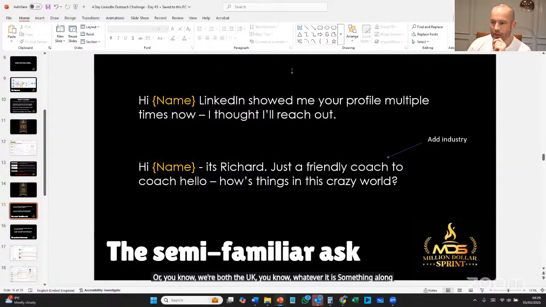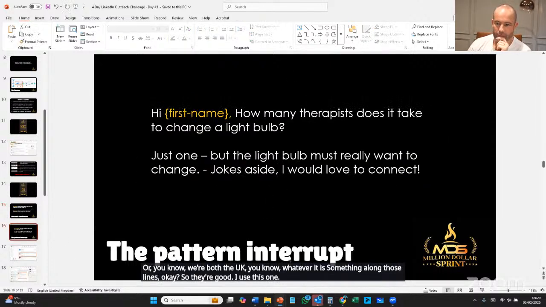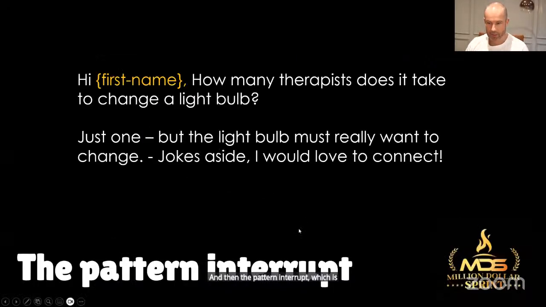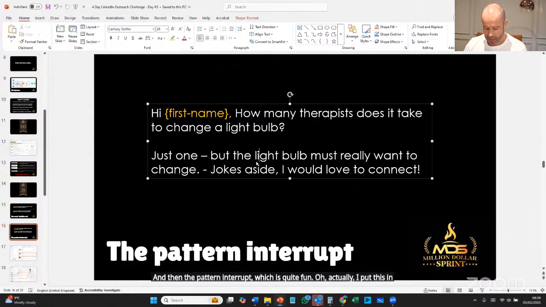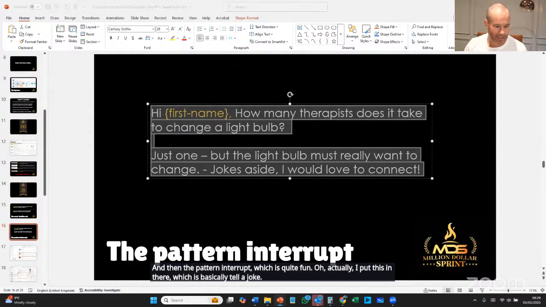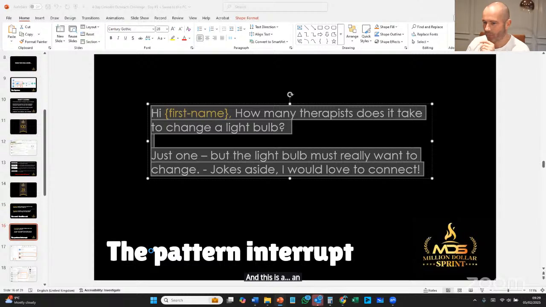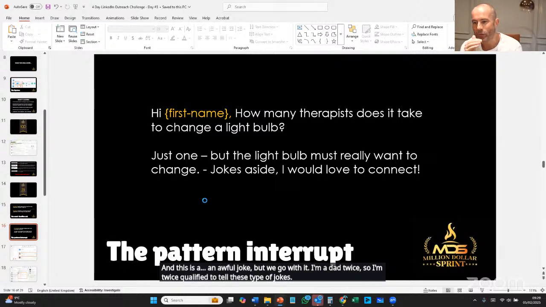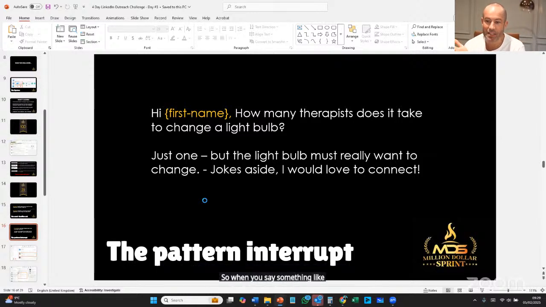Okay, so they're good. I use this one. And then the pattern interrupt, which is quite fun. Or actually, I put this in there, which is basically tell a joke. And this is an awful joke, but we go with it. I'm a dad twice, so I'm twice qualified to tell these type of jokes. So you say something like, how many therapists does it take to change a light bulb?